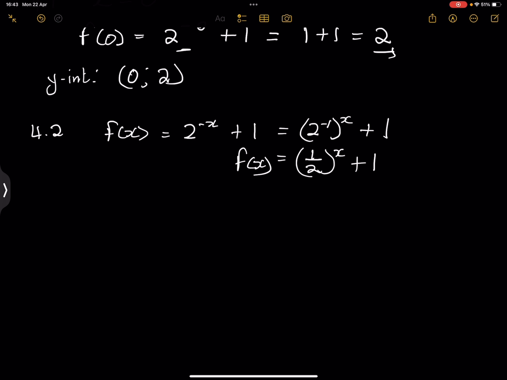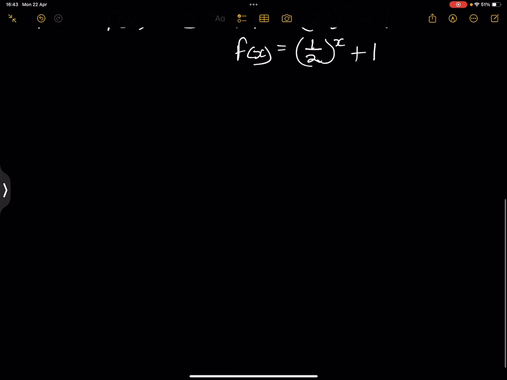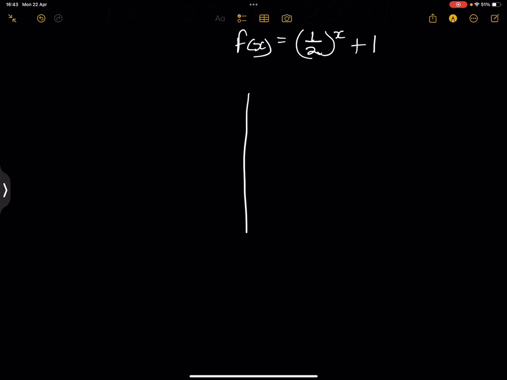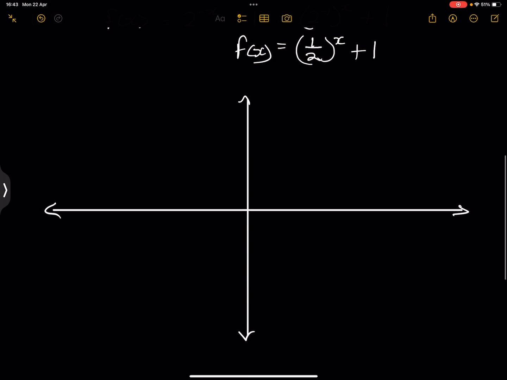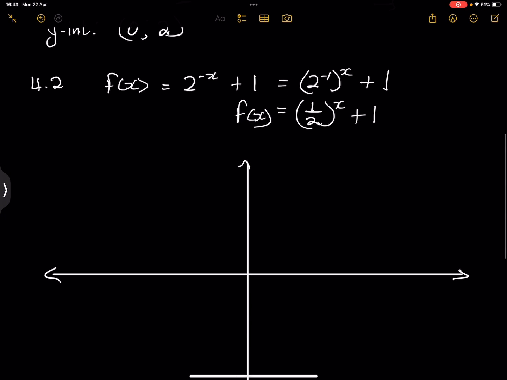Now I want you to please note, what's our graph going to look like? Usually the exponential graph would have an asymptote on the line y is equal to 0, meaning the x-axis.